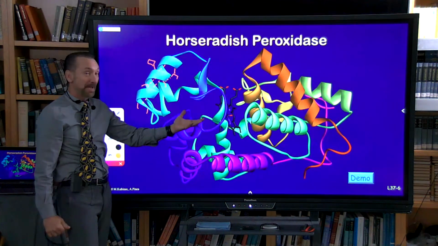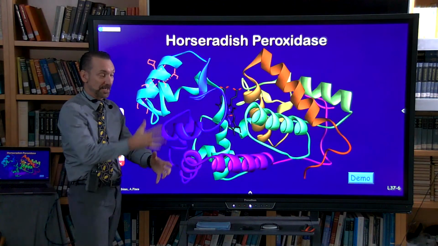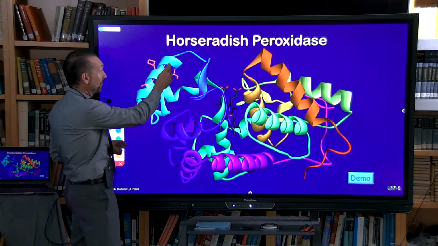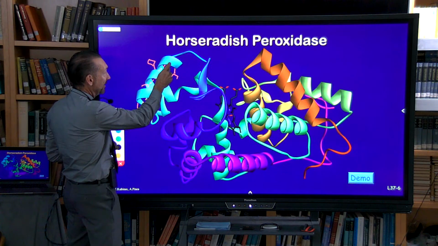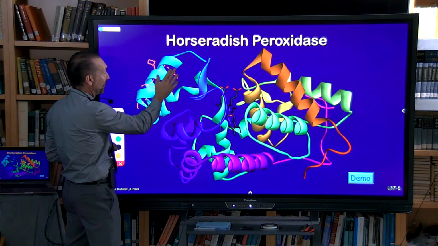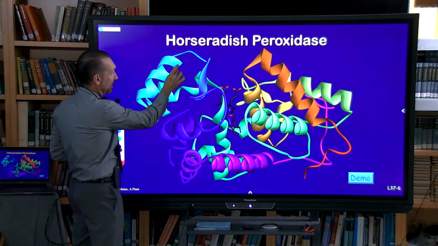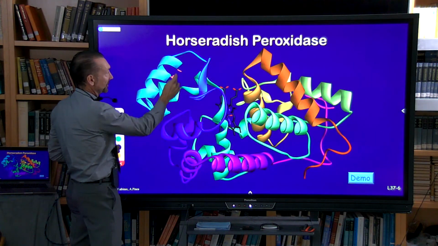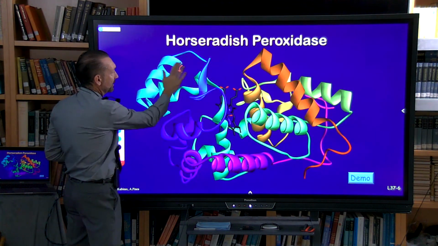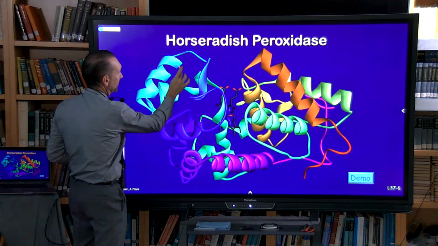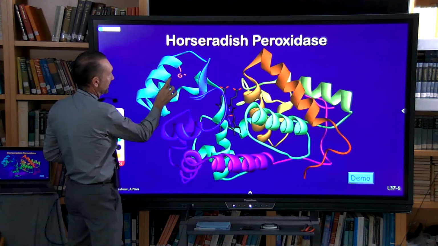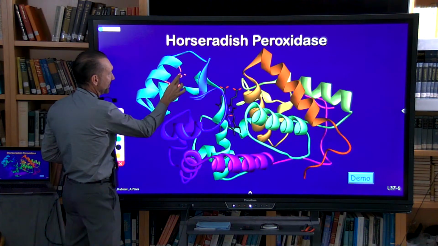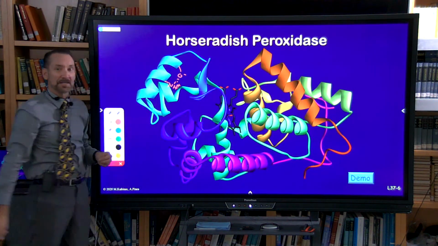So the pH matters. If I change the pH and I change the protonation, so say you have a minus plus charge interaction here, because you have an O minus and an NH plus, and that interaction is helping to stabilize that.